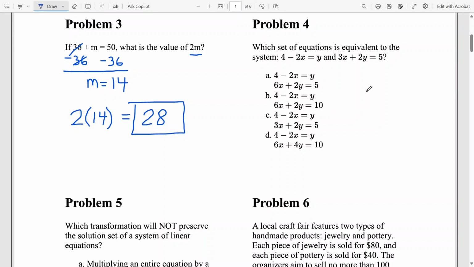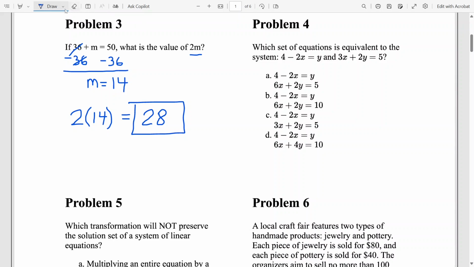Okay, next one. Which set of equations is equivalent to the system 4 minus 2x equals y and 3x plus 2y equals 5? So we have 4 minus 2x equals y here, and 6, so we multiplied the first coefficient here by 2, but not the second one or the third one.